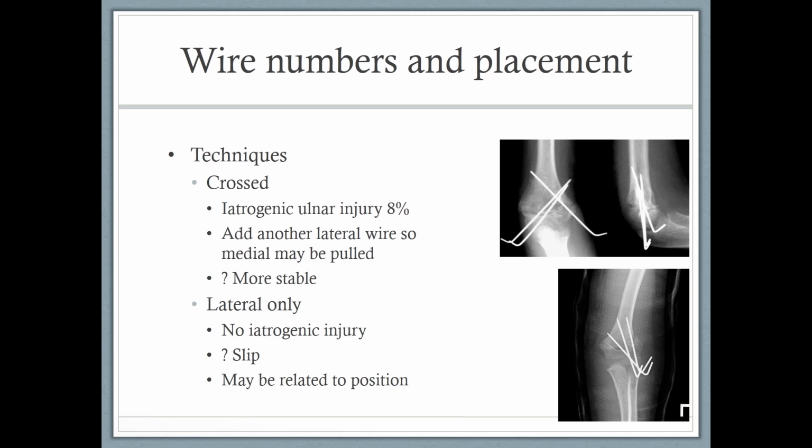And we do think that this approach is more stable. We could use lateral only wires. This comes at the benefit of not damaging nerves, but at the increased risk in some series of slip, and may be related to the position of those wires.